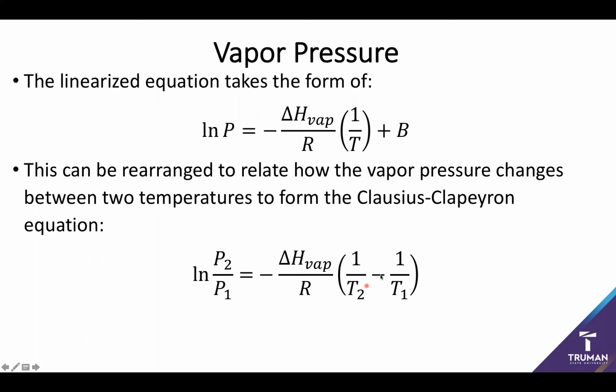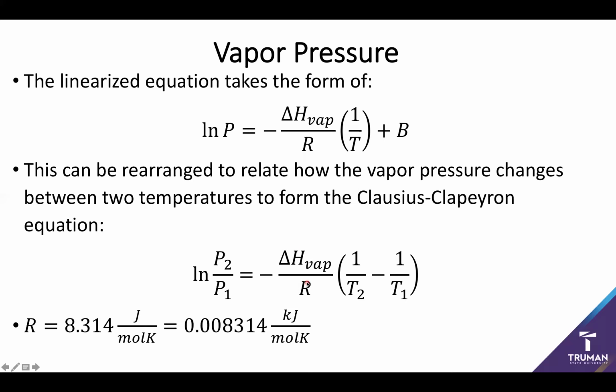Again, this equation can be derived from that original linear form, and we'll see a little bit of how later. Now again, remember that R is our ideal gas constant, 8.314 joules, but make sure that you watch out so it matches the units of your enthalpy.